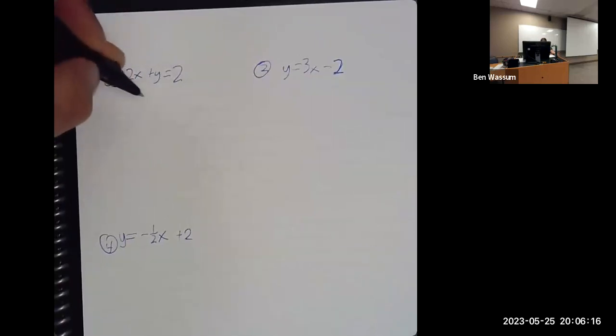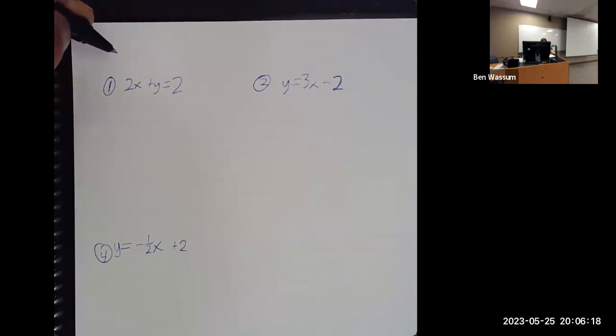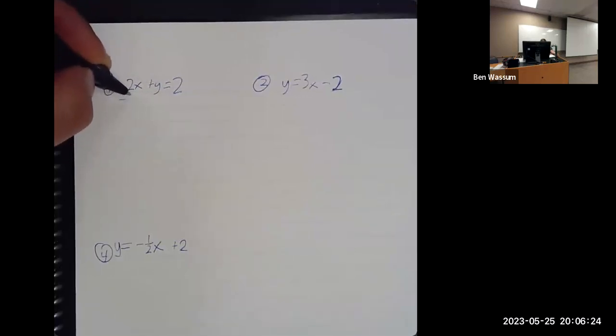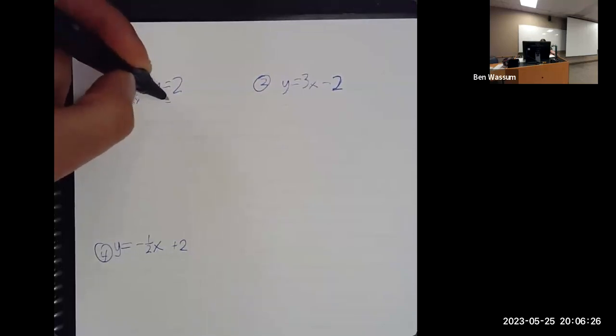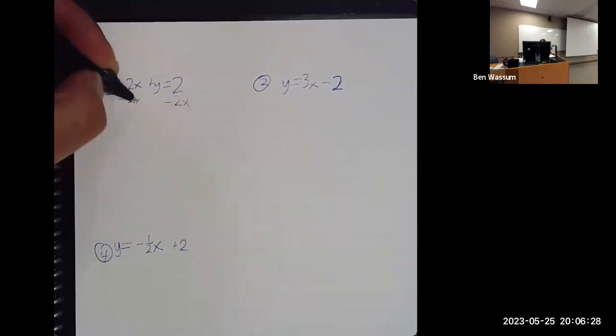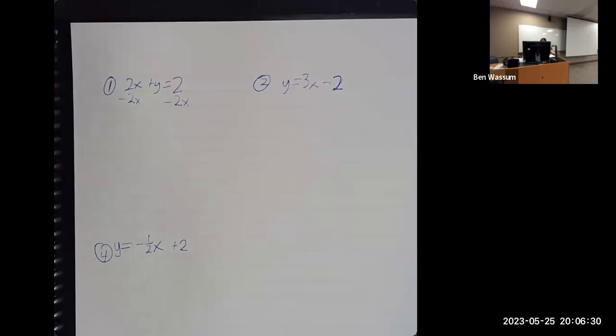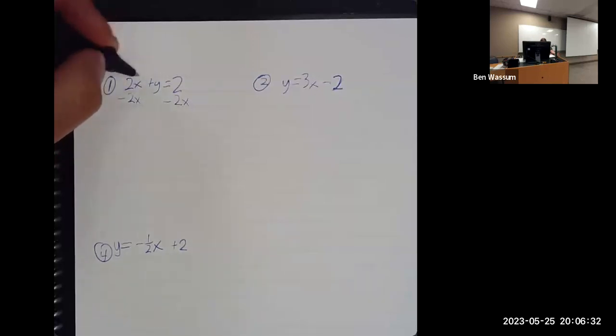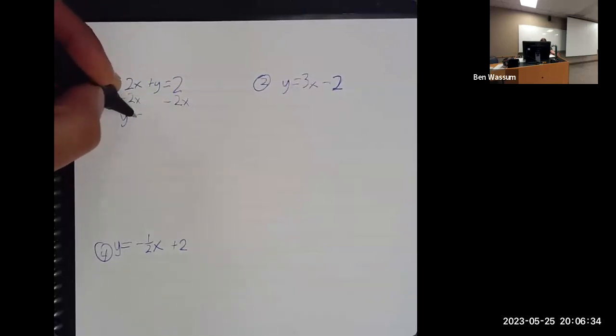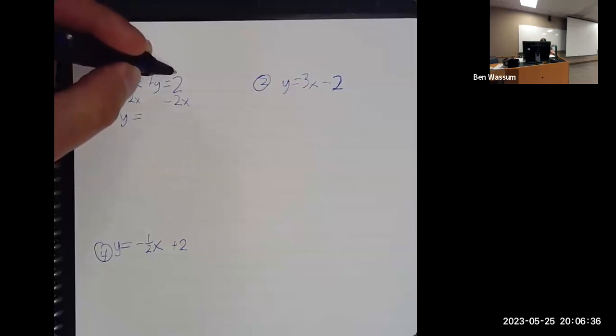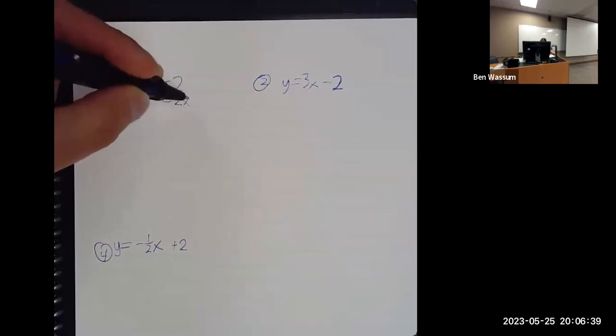So this one isn't set into our formula, so we need to get it that way. We're going to solve this for y equals. It's not far off. We just have to subtract the 2x on both sides. So on the left, we have y equals, and on the right, we have 2 minus 2x.